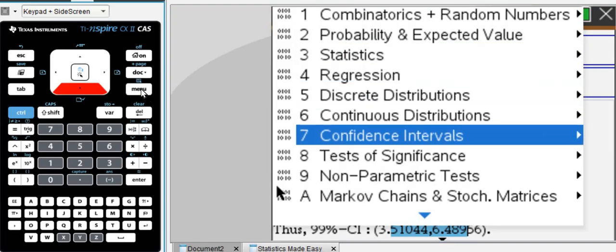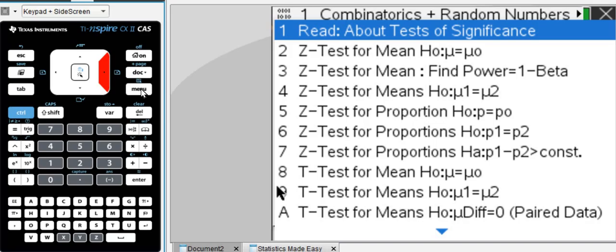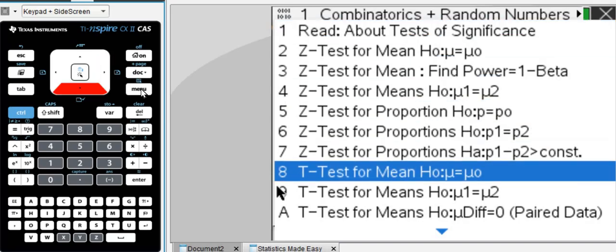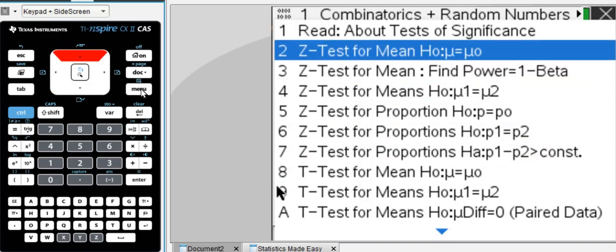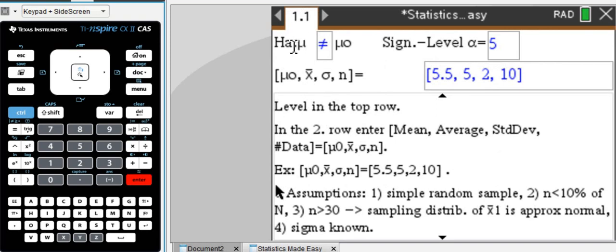That was the confidence intervals, and similarly the test of significance, the z-test for means, for proportions, and t-test for mean. Everything is right here. Trust me, it works like a charm.